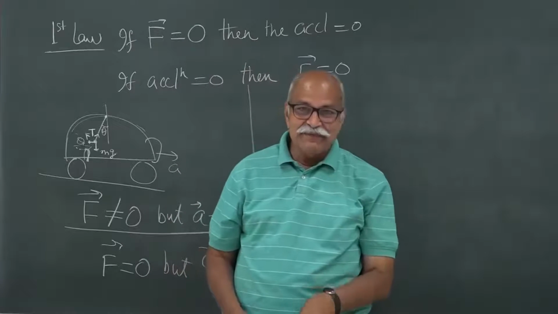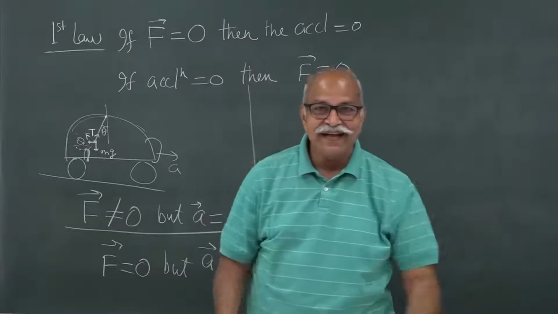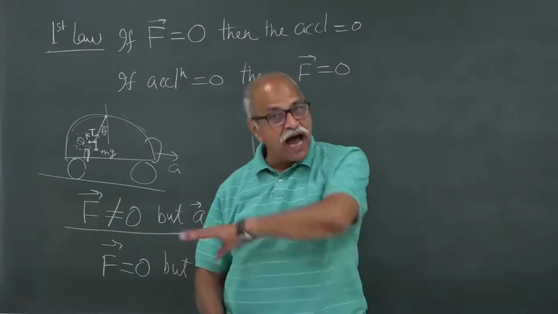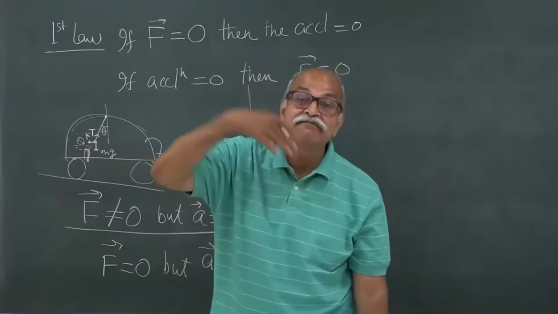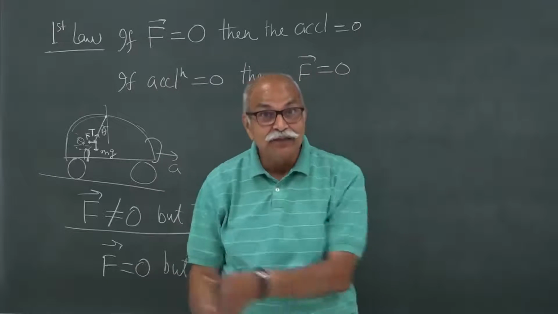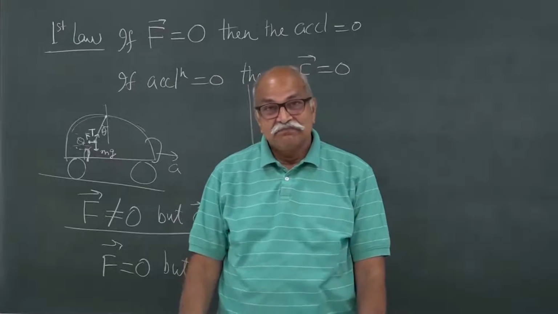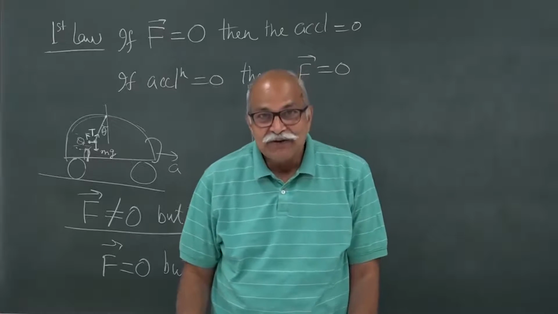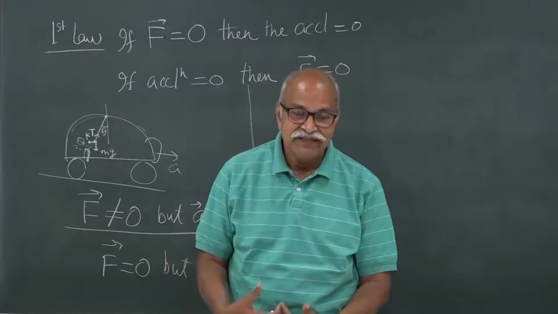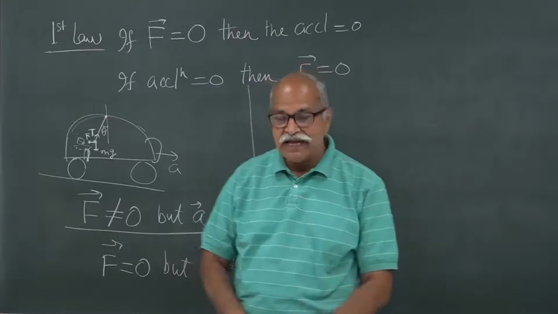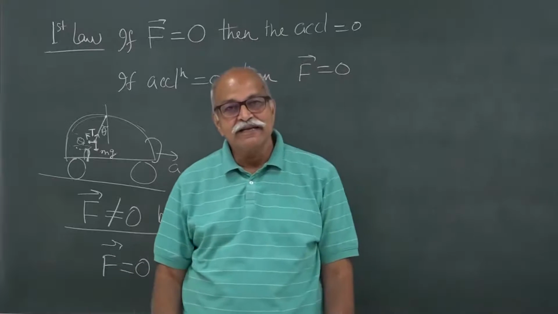Now, no one can compel me not to use the lab frame, not to put my x, y, z axes in the lab, and say that I have to first search for an inertial frame, put my axes there, and then do all the physics, all the mechanics, all the dynamics. That is not the way science goes. I am always free to choose my frame of reference, and if it suits me, I can use this frame or some other frame, whatever I like.